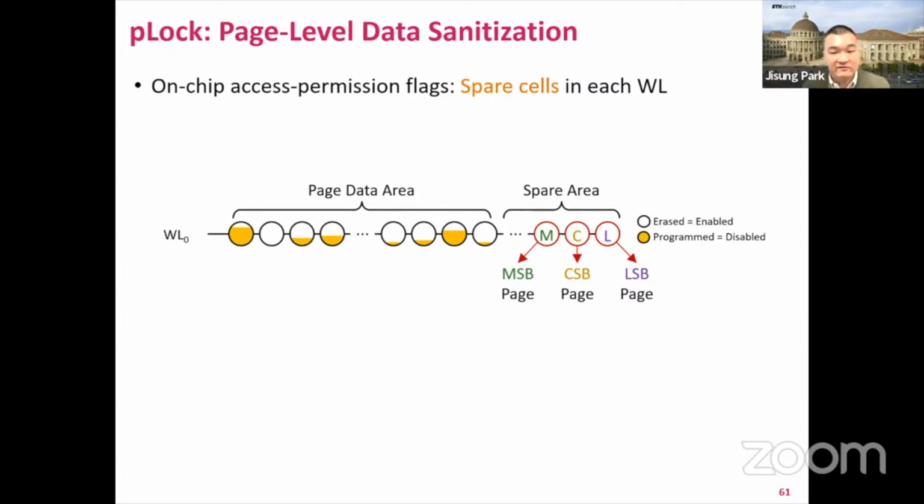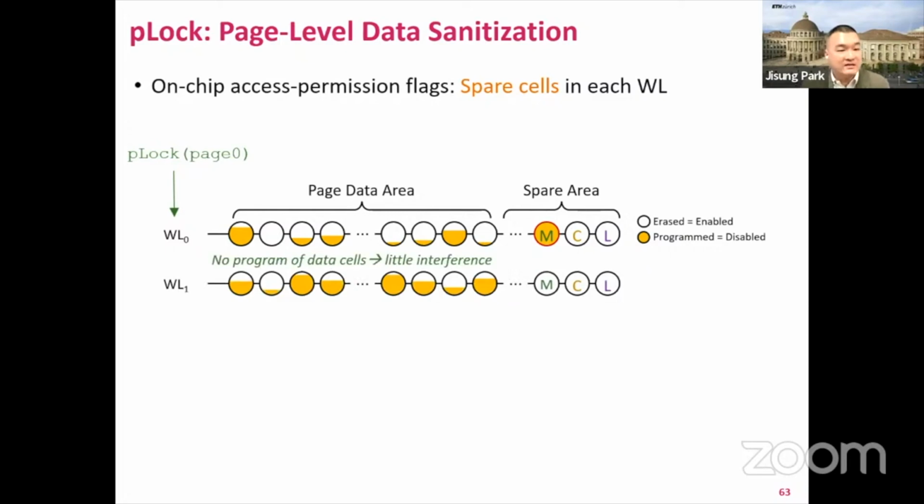The flag cells are initially erased when the page is first programmed, and P-lock programs only the target page's access permission flag. As it does not program any data cell, it has little interference impact on stored data.